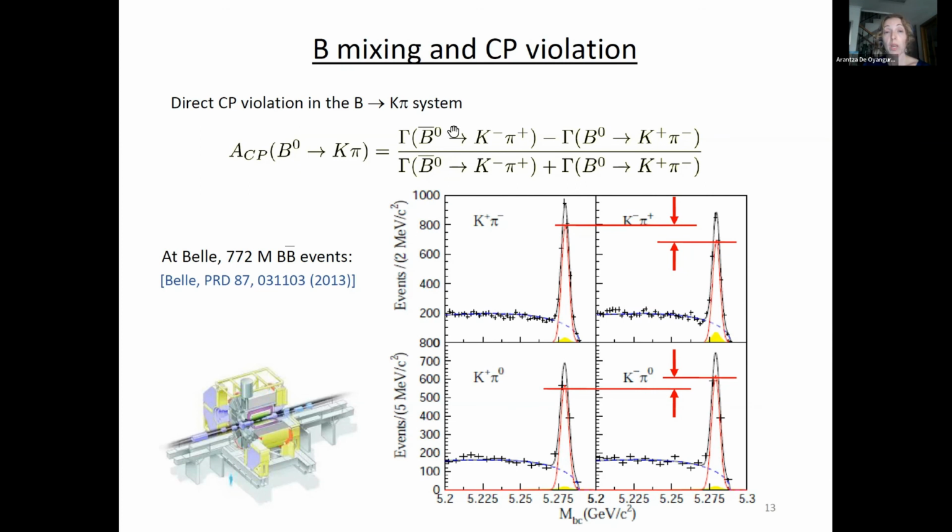This is for the B to K pi system. For instance, this was measured by Belle. You can see here the difference in this asymmetry for two different decay modes, from the particles and antiparticles decaying. This is well known, and it has also been observed by LHC experiments.